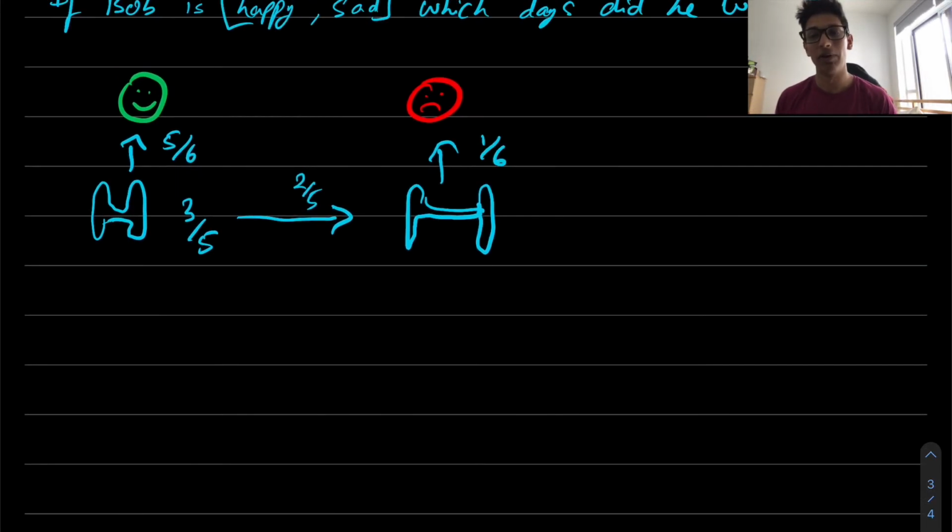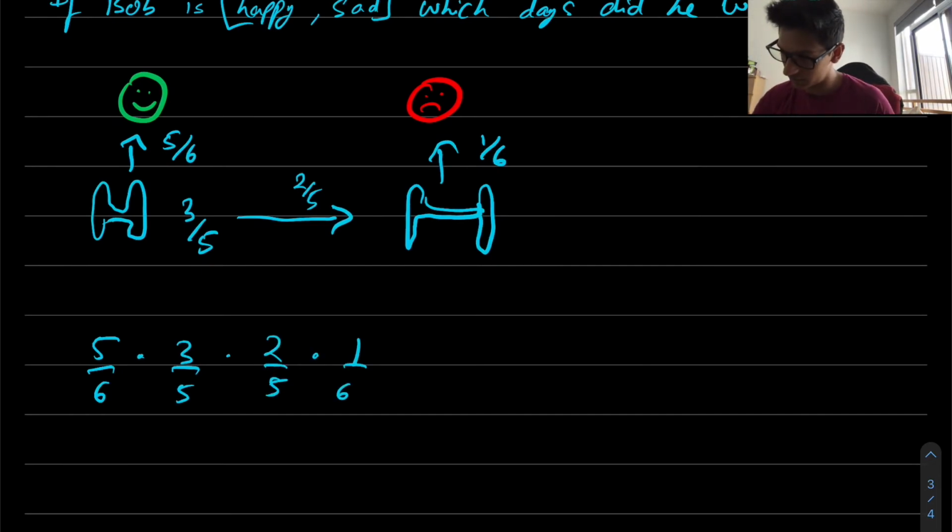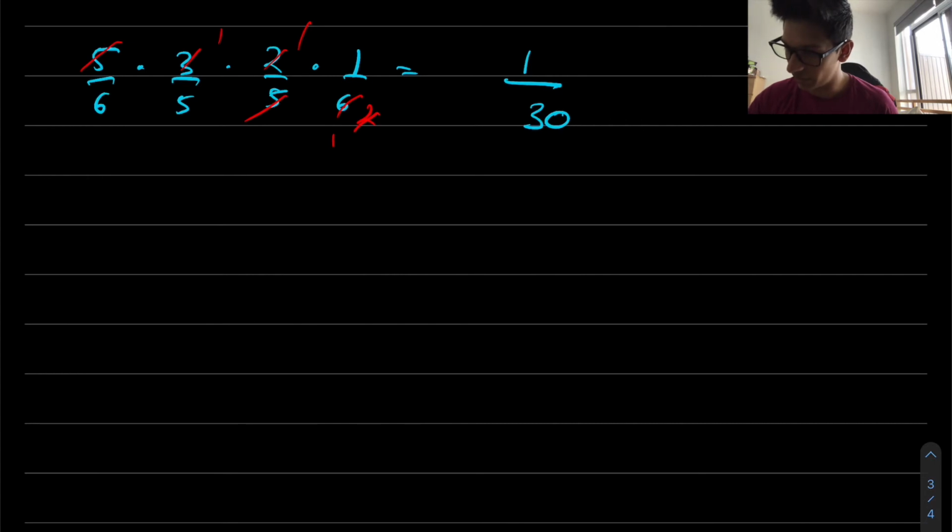So now the total probability of this scenario actually happening is 5 over 6 times 3 over 5 times 2 over 5 times 1 over 6. So that comes out to be 1 over 30.